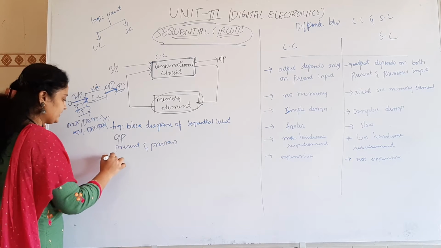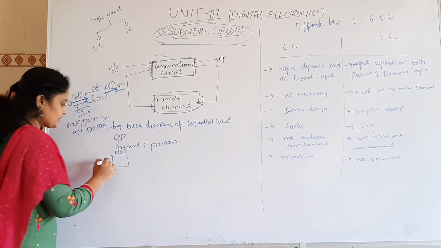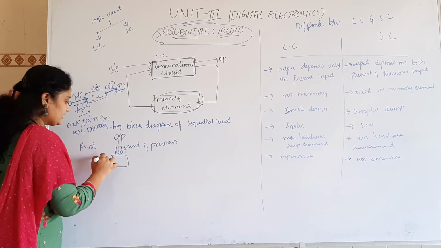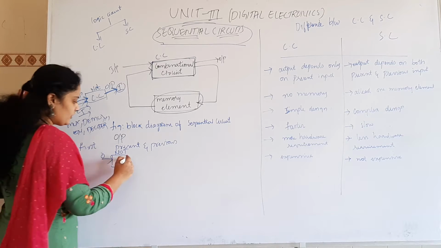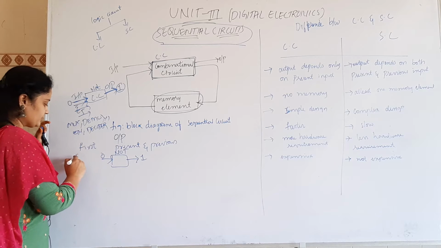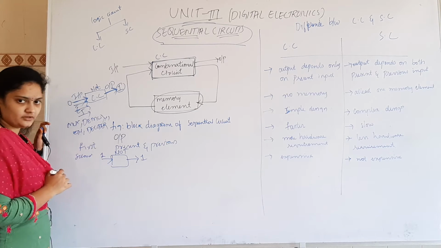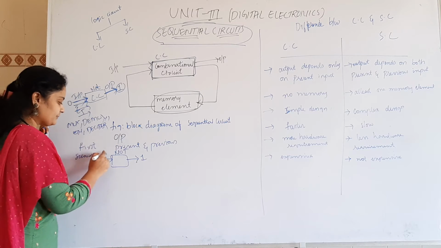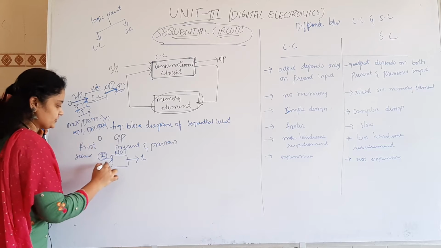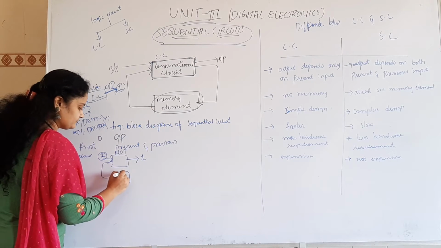For example, I am considering the same NOT gate. Here my present input in the first case is 0, upon which the output you will get at the NOT gate is 1. This is my first input. Second, I am going to give 1. As soon as you update it with the present input 1, the previous input, which is 0, is going to be placed in this memory element.